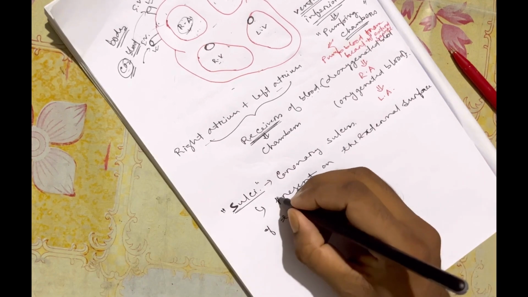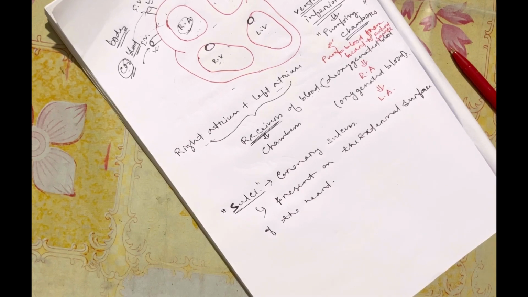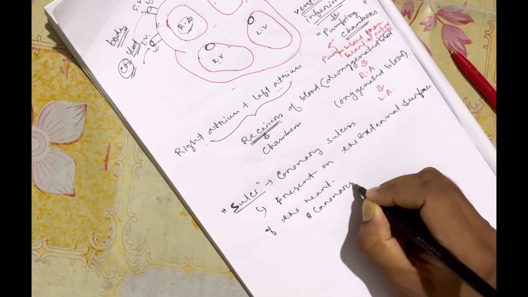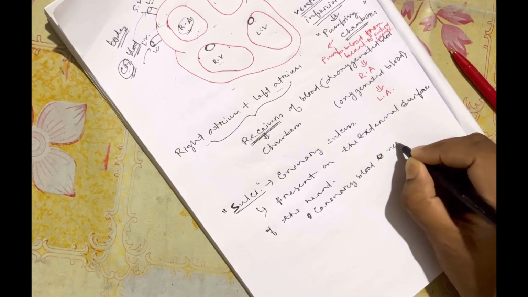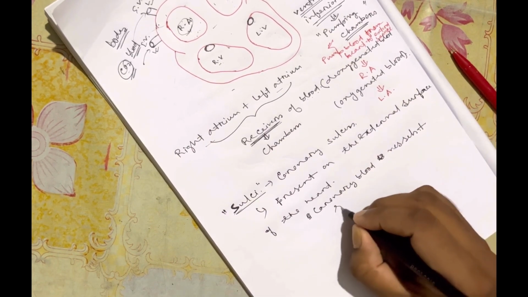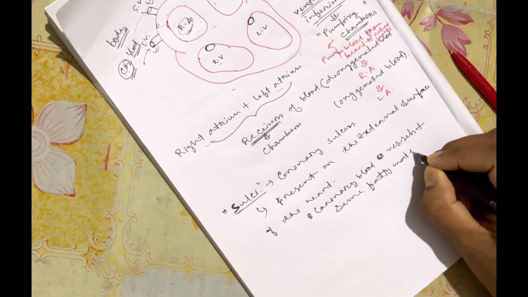The main function of those sulci is that they comprise the coronary blood vessels plus some fatty material.